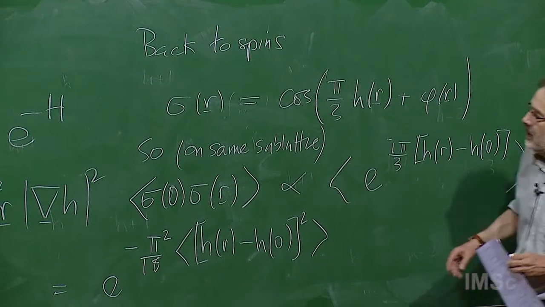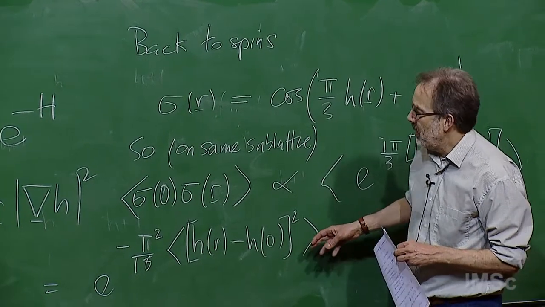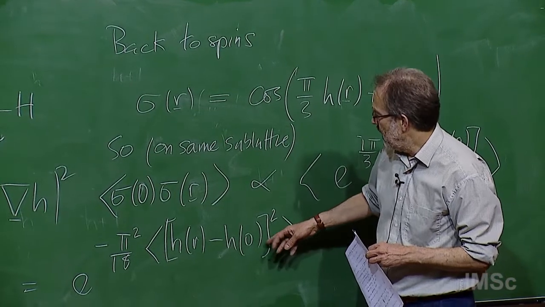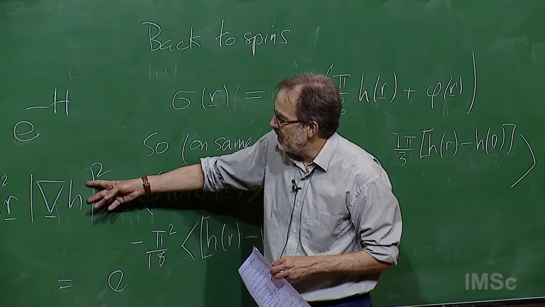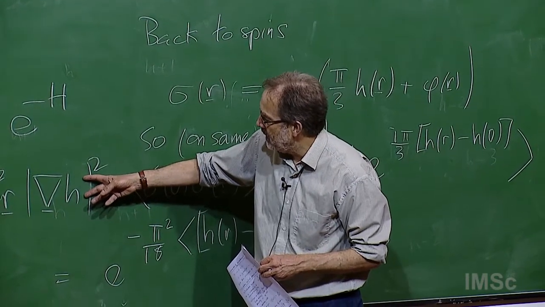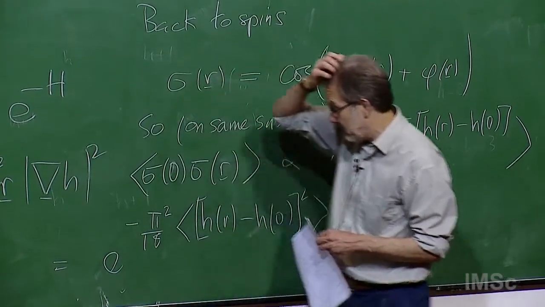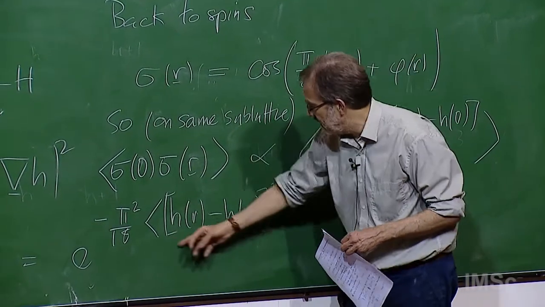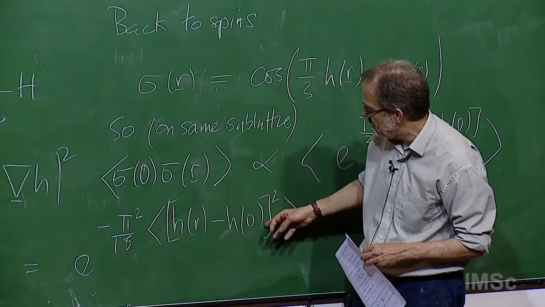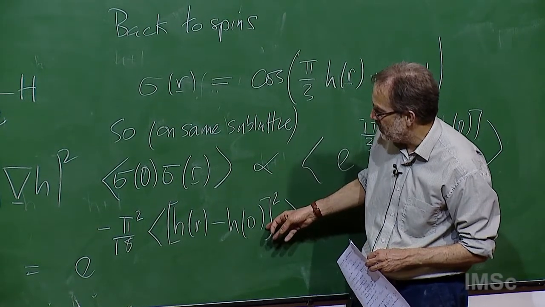Now, this average is something that you can calculate from this theory quite easily by separating into Fourier components. And when you do that, you find that the average that's inside the exponential varies like a logarithm.